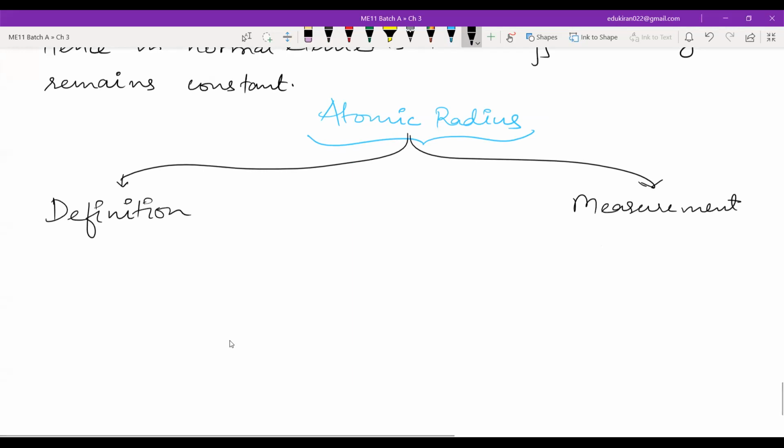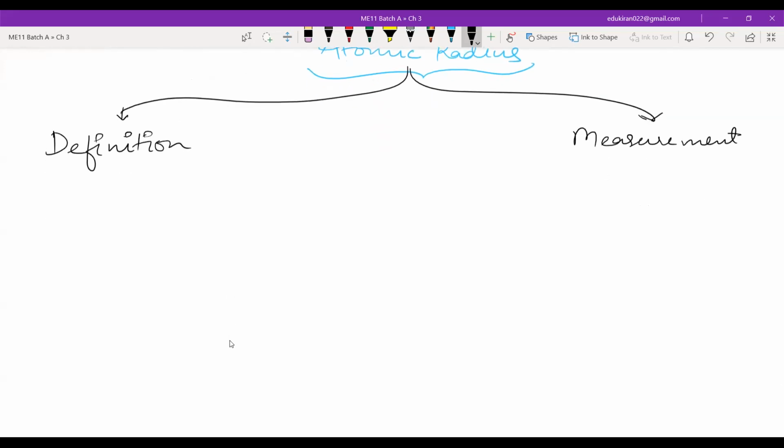So first we will look at the definition. Then we will look at why this definition is okay, but we cannot measure it like this. So there are some ways in which we can measure it, but the definition is something else that you have to remember always. Okay, so please write the definition of atomic radius. So the first topic is definition. What is the definition of atomic radius?